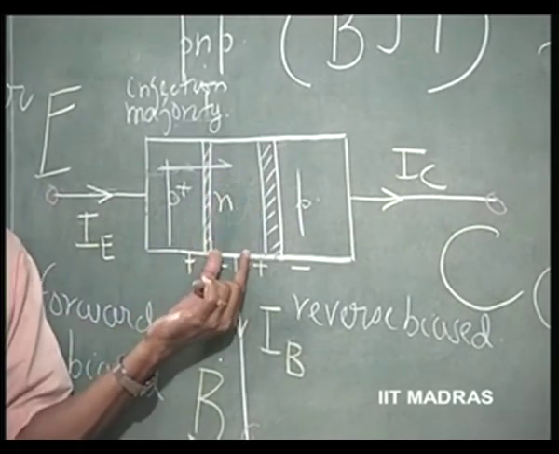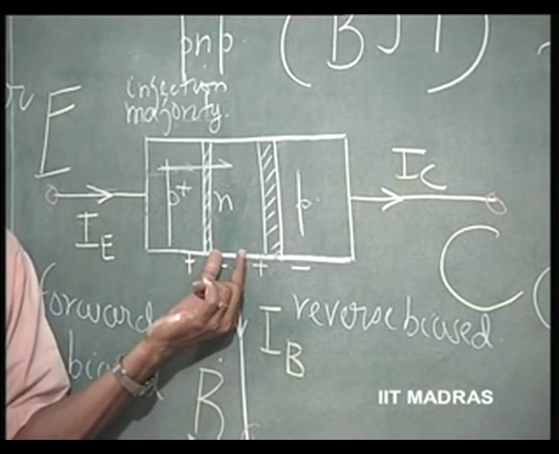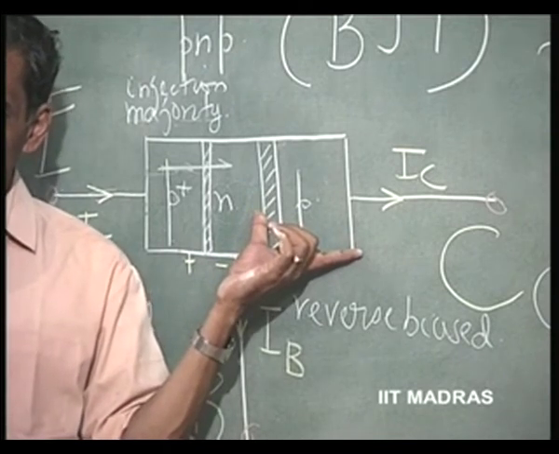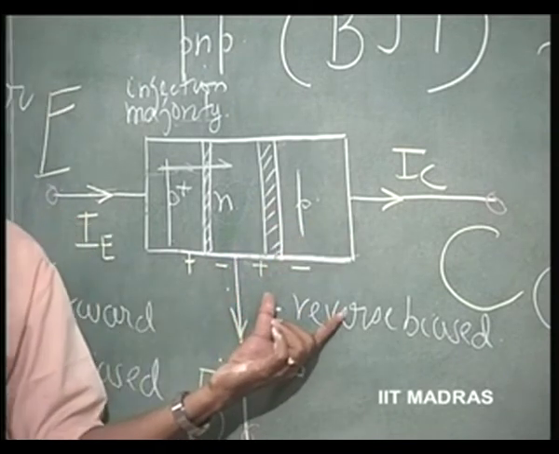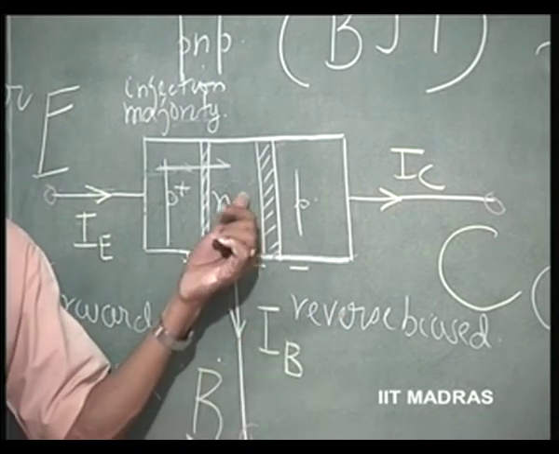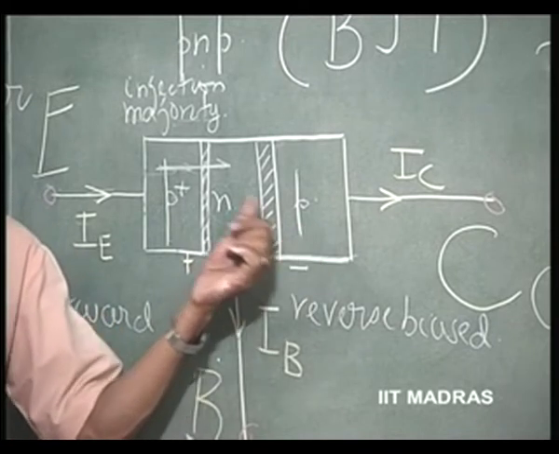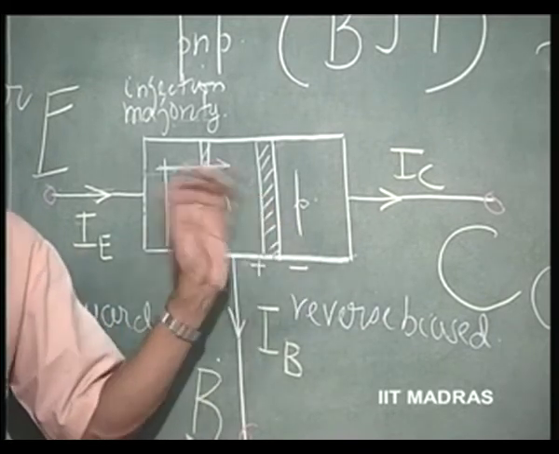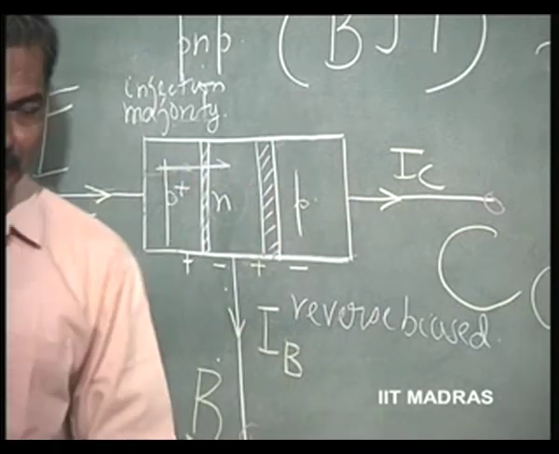That is done by making the base very thin. Then collecting almost all the holes here is done by reverse biasing this junction. So, this potential hill is not a hill at all, it is an aiding field for these injected carriers. So, most of them get collected here.